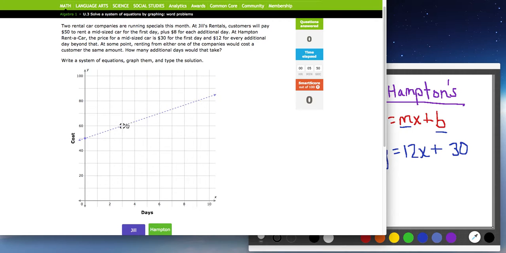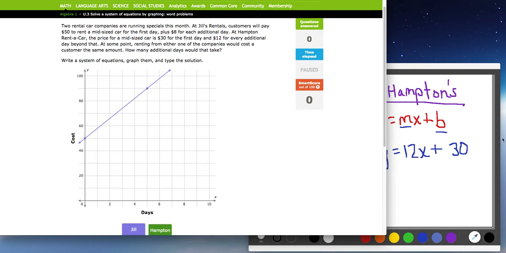In 4 days, that would be $32. In 5 days, that would be $40. So I'm looking at 5 days here, and I want to go up $40 from the beginning, which would be $90. So that's my graph for Jill.